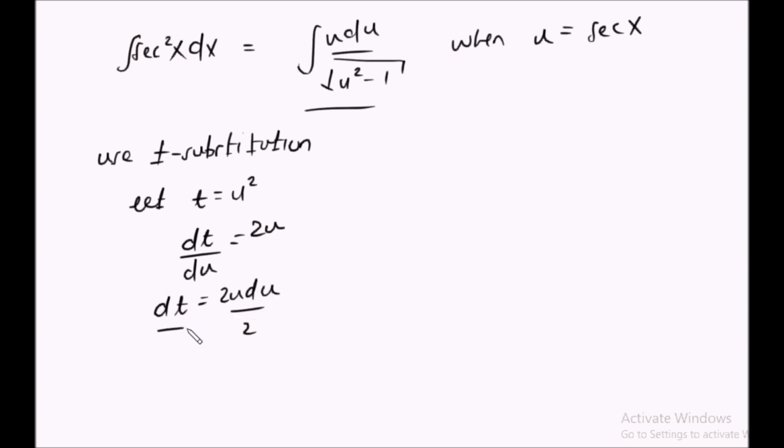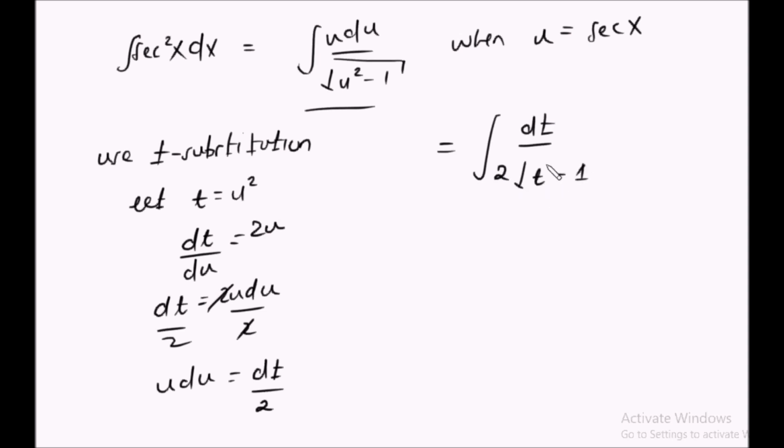So divided by 2, my u du now is just equal to dt over 2. So hapa sasa kwenye u du naweka dt over 2. Alafu kwenye u squared naweka t minus 1 like this. So hii 2 kwa sababu ni constant naweza nikaitoa nje. It becomes like this.